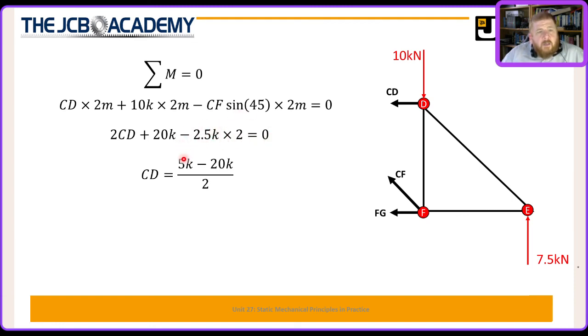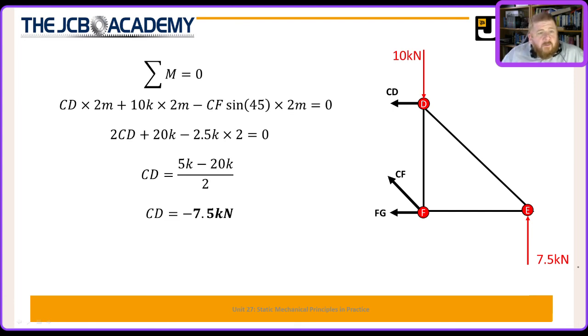Taking these to the other side, 5k becomes plus 5k and 20k becomes minus 20k, so we get 5k minus 20k, divided by 2, which is the 2 multiplying CD there. So CD is 5k minus 20k over 2, which gives us minus 7.5k for CD. Again, what the method of joints gave us.